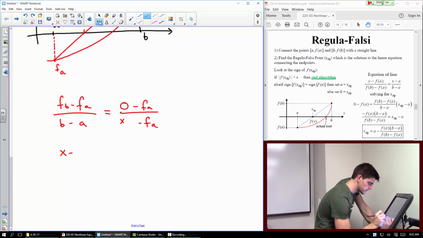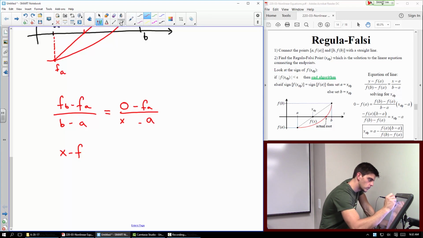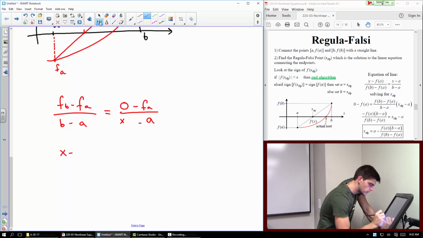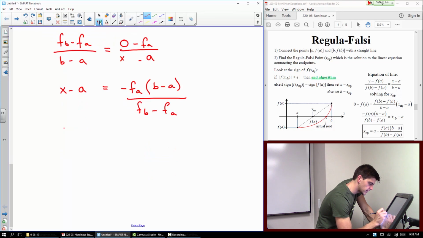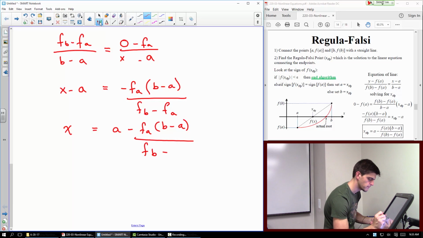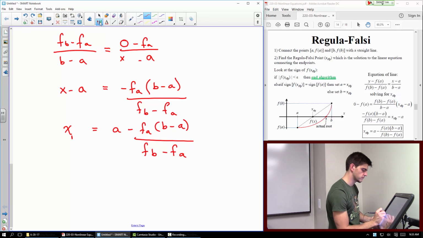So we have X minus A is equal to negative F A times B minus A all over F sub B minus F sub A. Bring A to the other side, and we have that X is equal to A minus FA times B minus A all over FB minus FA. So this is the X at the Regula Falsi point.